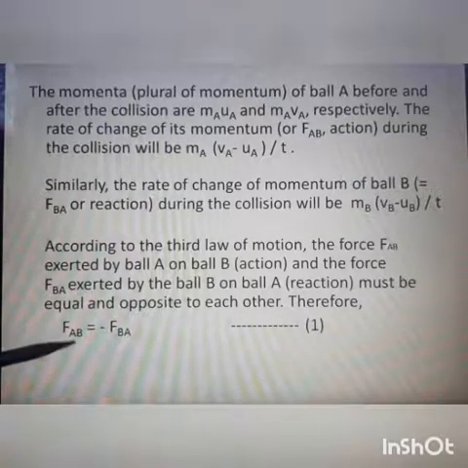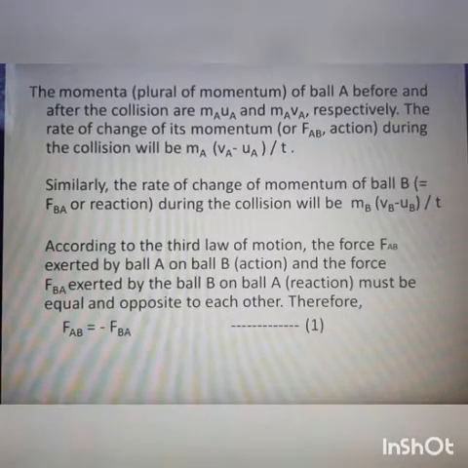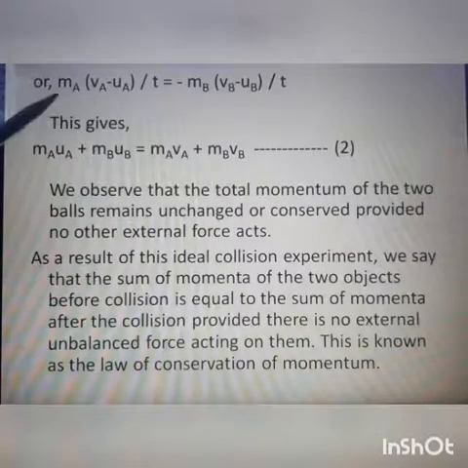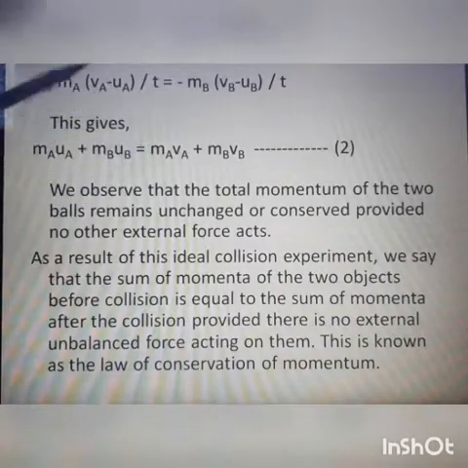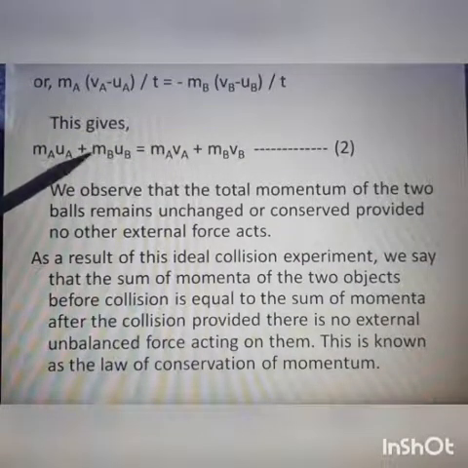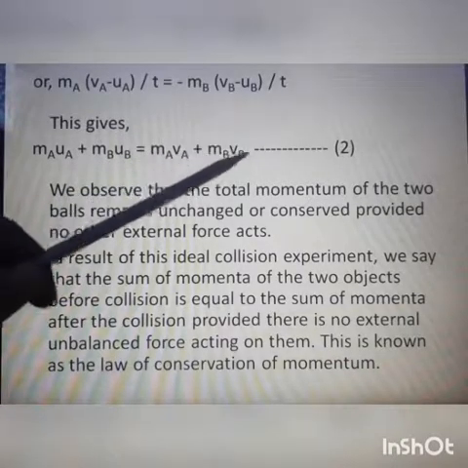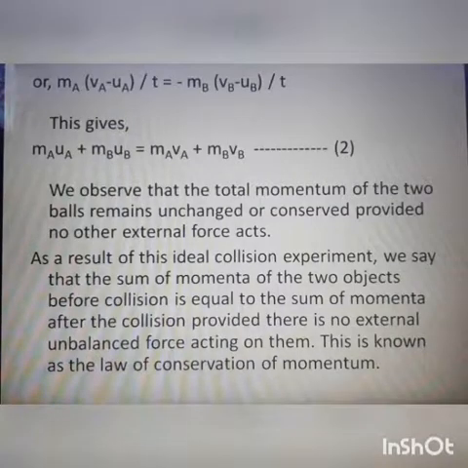Now we have the values of FAB and FBA. If we put the values in the equation, we are going to get this, and by simplifying this, we are going to get MAUA plus MBUB equal to MAVA plus MBVB. This gives us the equation of conservation of momentum.